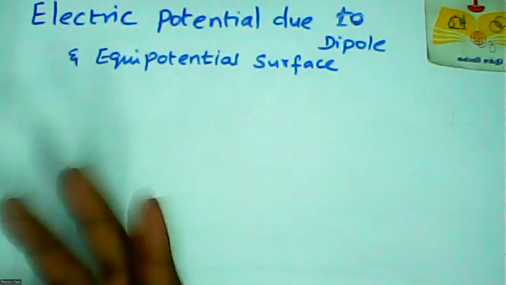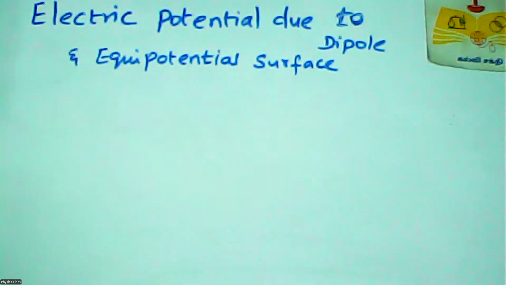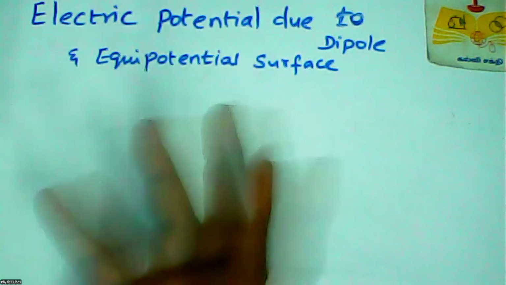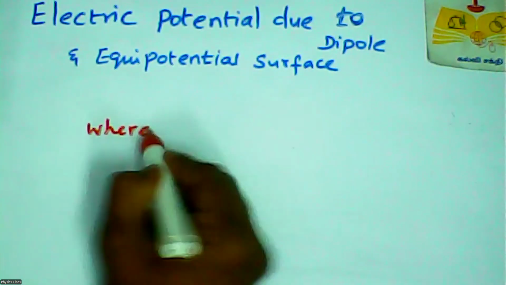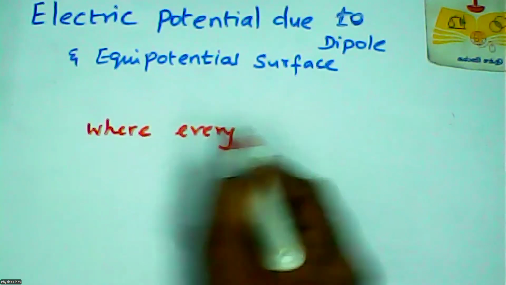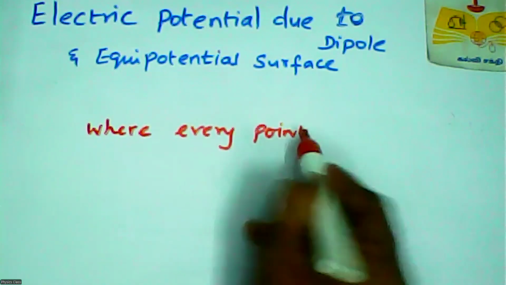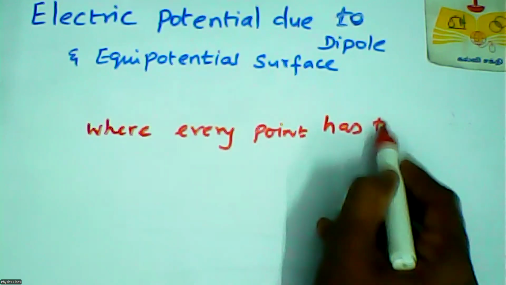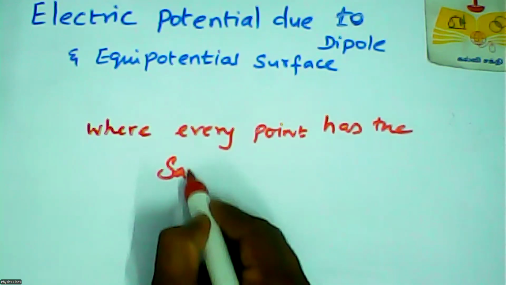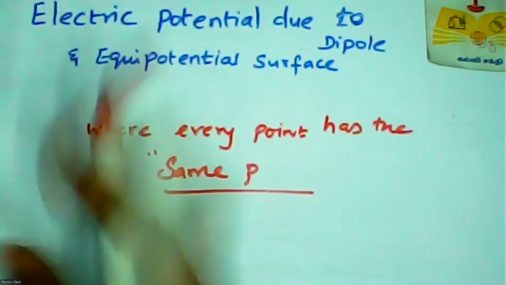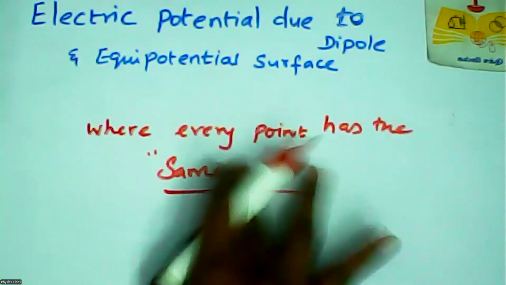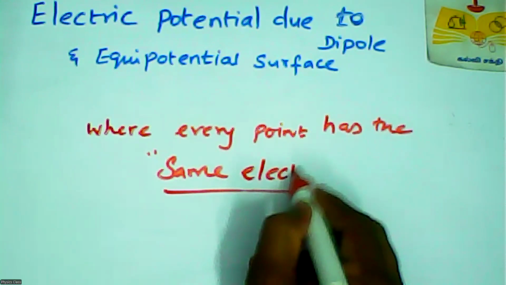Now let's talk about a special case, that is the equipotential surface. These are the surfaces where every point has the same potential. Underline that word: same potential, equipotential, equal potential, same electric potential.